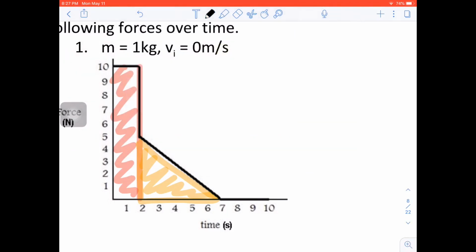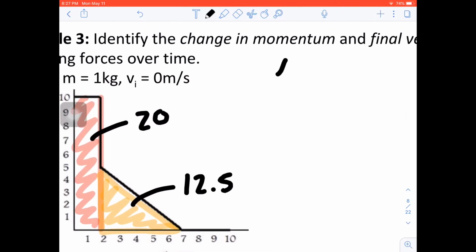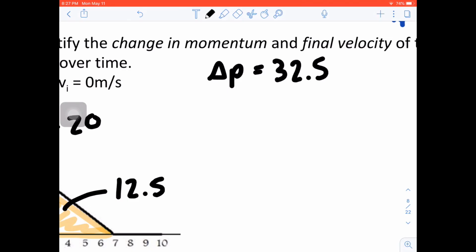Okay, for that first rectangle shape, I get an area of 20. And for this triangle shape, I get an area of 12.5, which means our change of momentum is 32.5 kilogram meters per second.